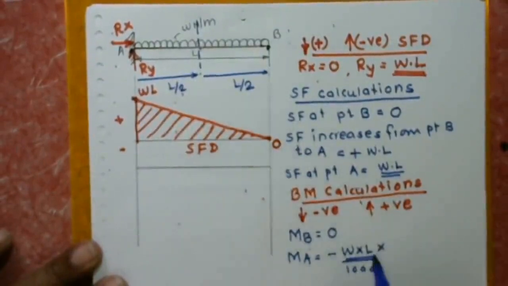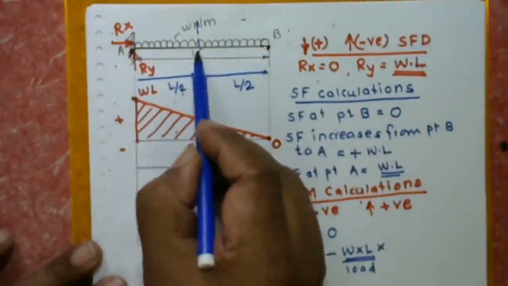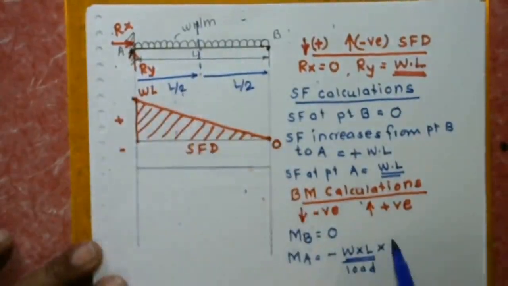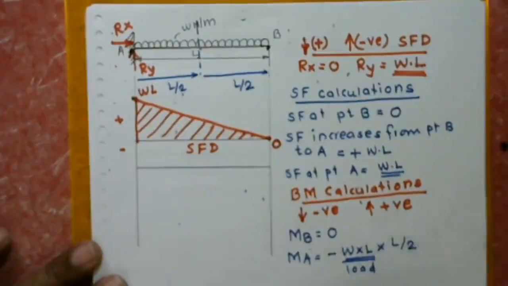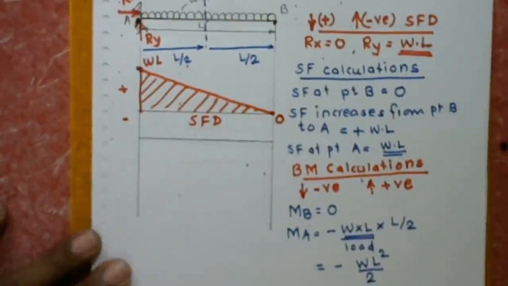So W into L becomes the load and it is acting at the center. So its distance up to point A is equal to L by 2. So multiply by L by 2. So moment at point A is equal to minus W L square by 2.